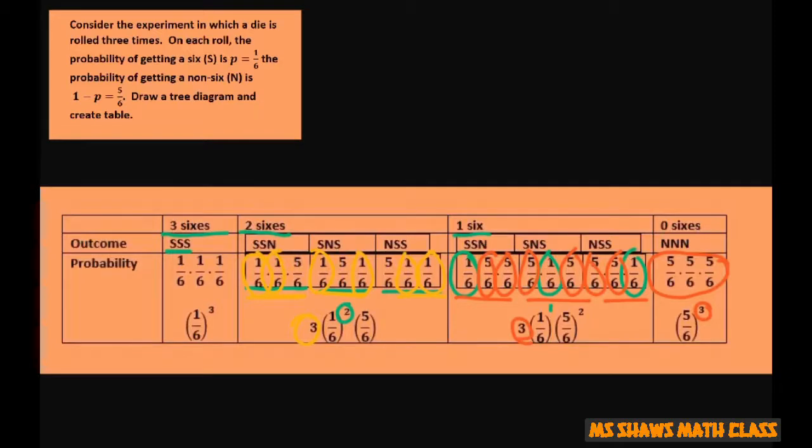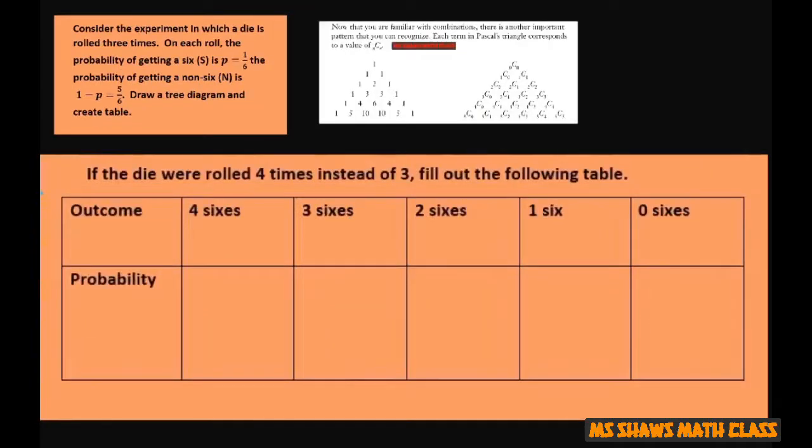Now we want to make a table for the 4 rolls. We don't really want to do a tree diagram, but we want to do that. So basically, to get 4 6s, that's going to be 1/6 to the 4th power. Now what we're going to use, since we're not writing all these out, is Pascal's triangle to get our numbers.